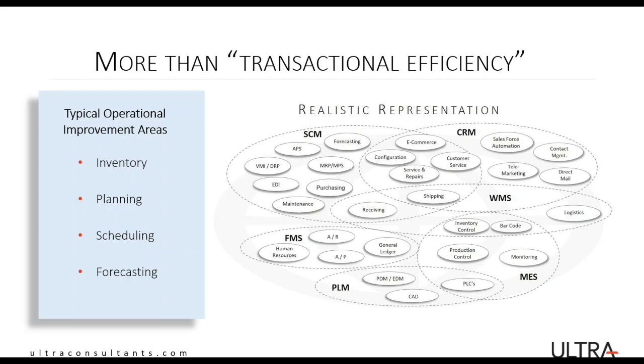We see on the left the FMS, the finance management systems. And a couple of new things that you may or may not be aware of is the advancement of what we call PLM, or product lifecycle management, which is designed to enable engineering business processes. And then MES, which is manufacturing execution systems.